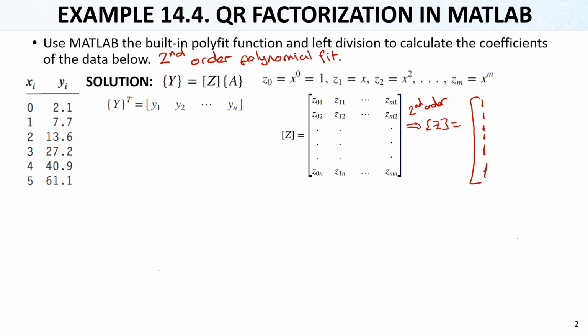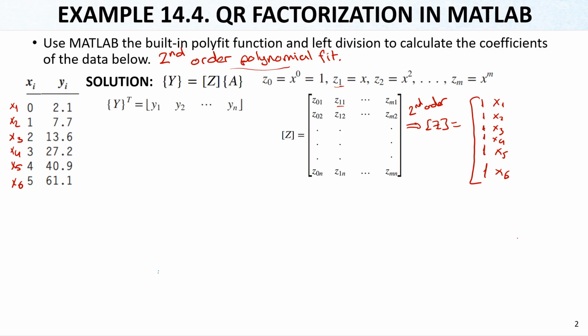And the second one, z1s, these ones are x's. So that's x1, x2, x3, x4, x5 and x6. These are actually these values. In addition, for a second order polynomial we will have another one, z2, x squared, because in a second order we have the highest square, so we will have this too.